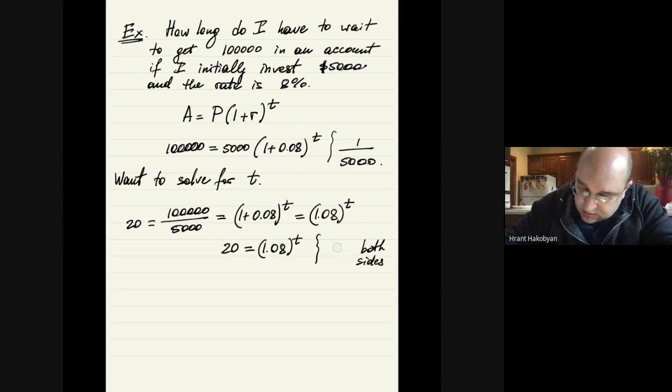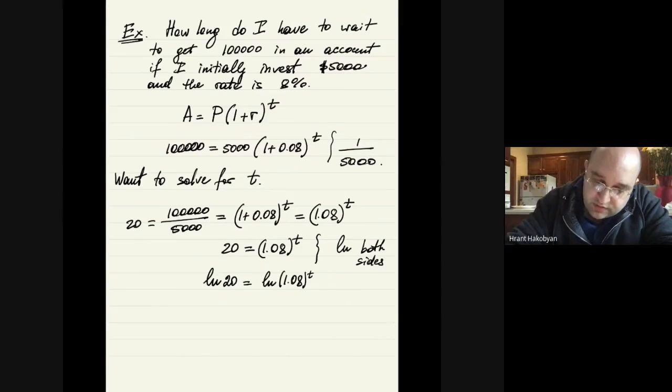I get natural logarithm of 20 is equal to natural logarithm of 1.08 to the power t. However, if you remember, any logarithm has the property that if I have a power, then that power comes to the front. So I can write that natural logarithm of 20 is equal to t times logarithm of 1.08.